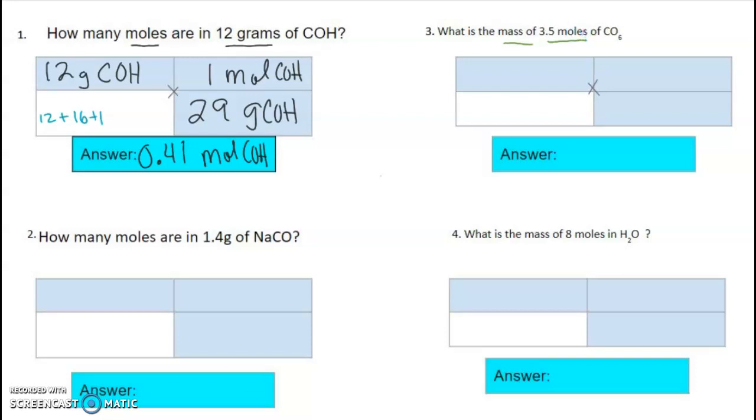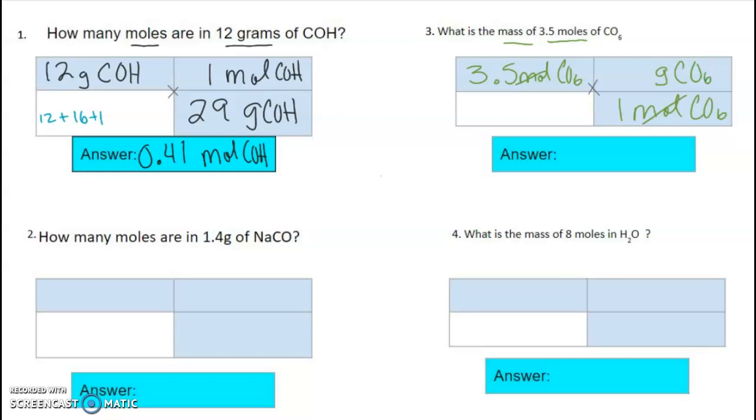Our given here is the 3.5 moles of CO6. In order to cancel moles, this is where we have to put 1 mole on bottom of CO6, so moles will cancel moles. And that 1 mole is equal to the mass on the periodic table.